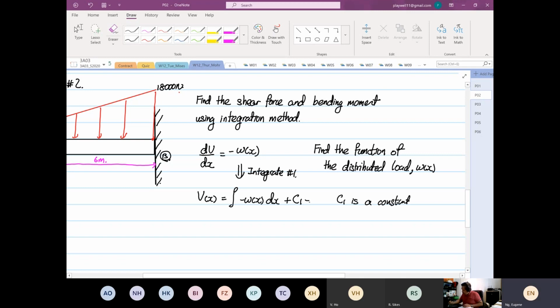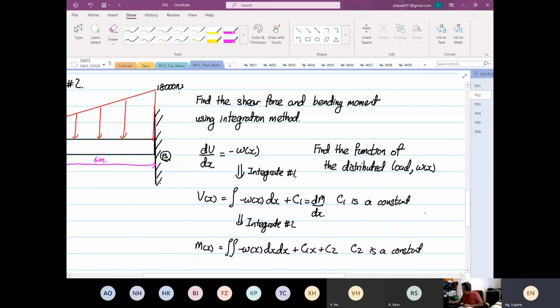And you let the whole thing be equal to dM over dx. Then you integrate again for the second time, so you have moment as a function of x equals the double integral of minus omega of x dx dx plus C1x plus C2. C2 is also a constant.